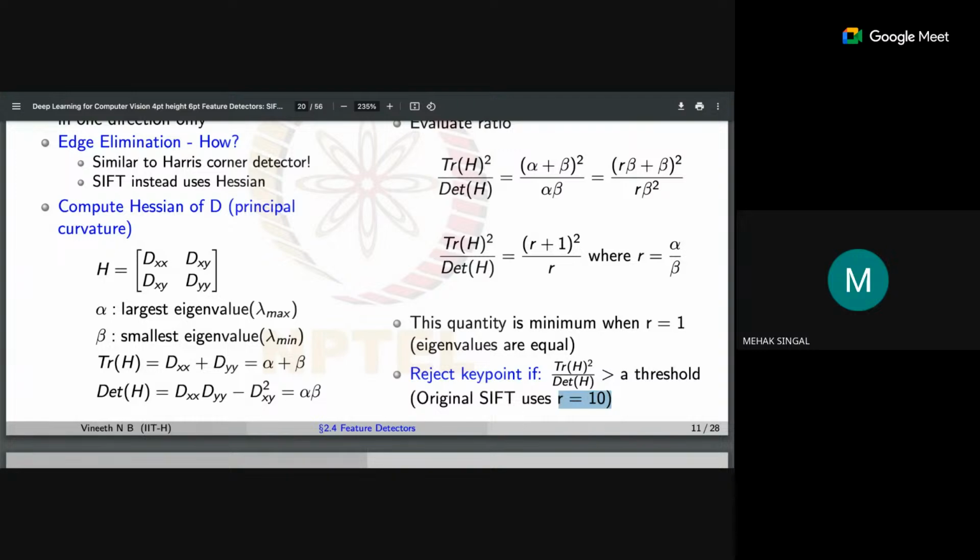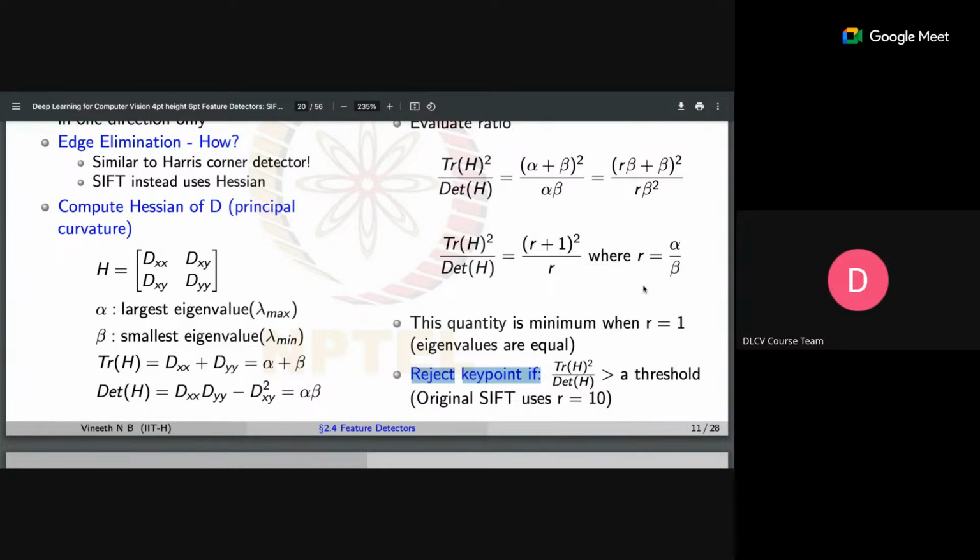But what's the equation behind it? How does it remove edges? That is what you are rejecting the key points. See the last step: reject key points if this ratio, r plus 1 whole square by r, is greater than a threshold.